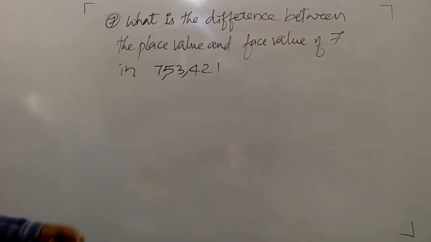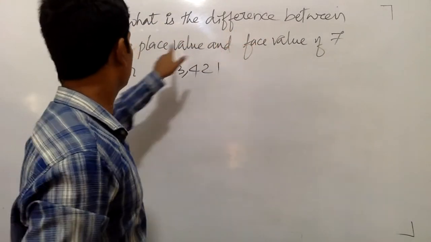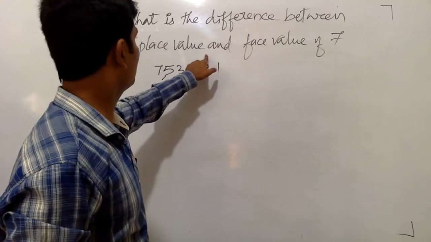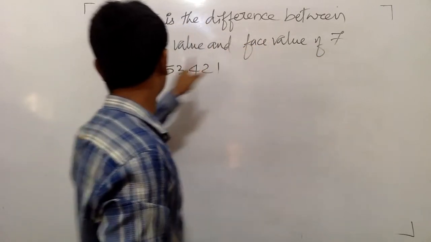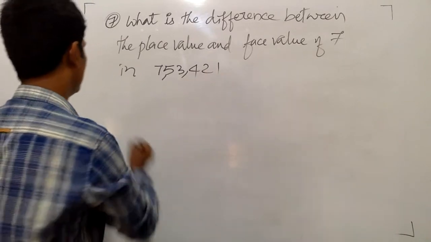Okay, so they asked difference. Now they have asked difference. What is the difference between the place value and face value of 7 in 7,53,471?